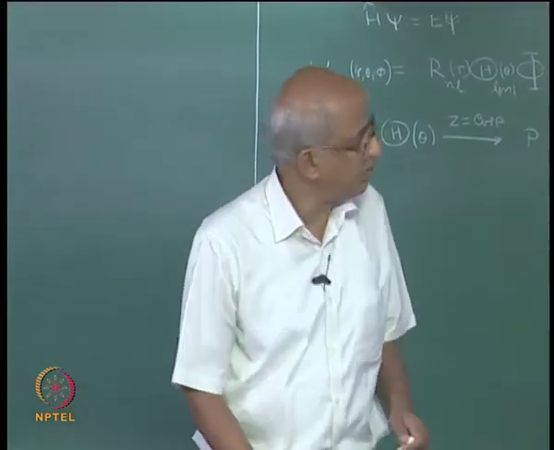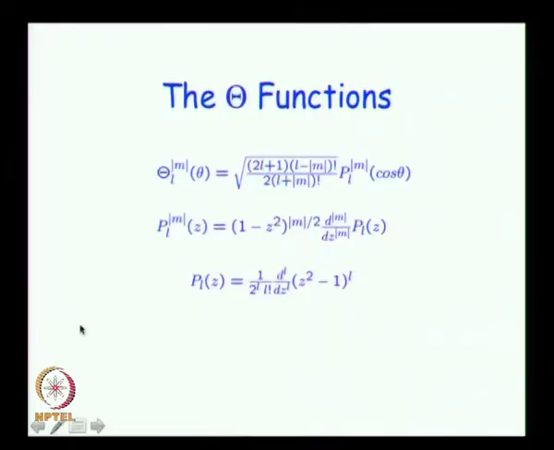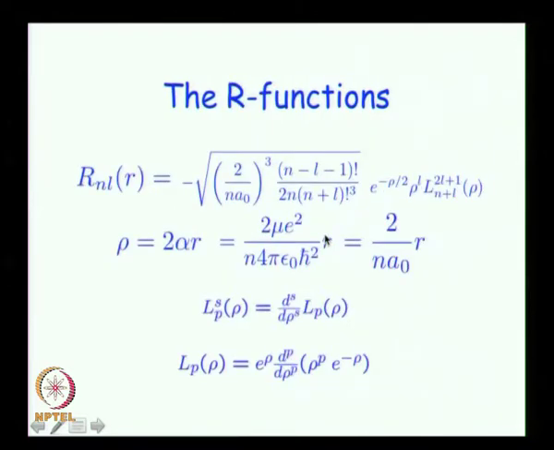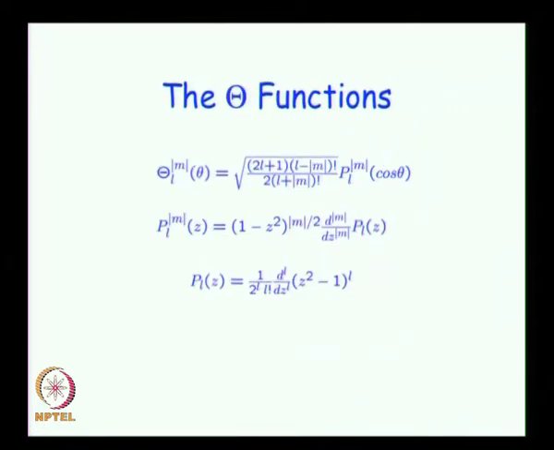So, if you look at the things that are written, you find that 1 minus z square to the power of m by 2 is there, and this is actually your g, but written in a notation that is familiar, that is borrowed from mathematics. So, if you wanted to calculate the g, what should you do?